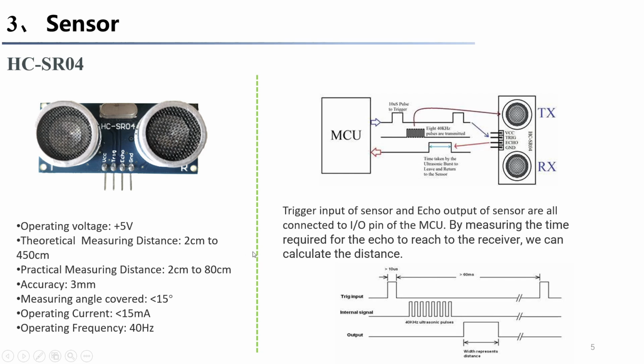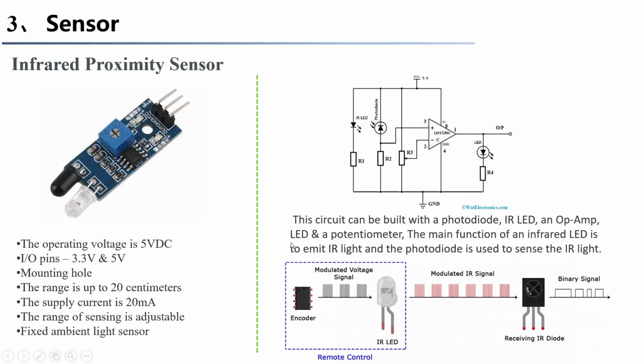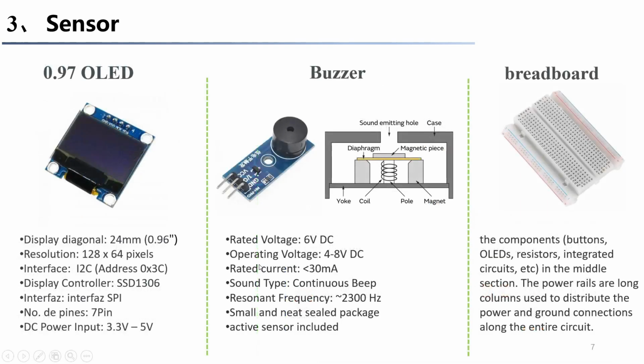This sensor is used to detect the Y distance, and an infrared sensor is used for the X distance. Also, there are some other items that I have used in this design, like an OLED, buzzer, and LED.